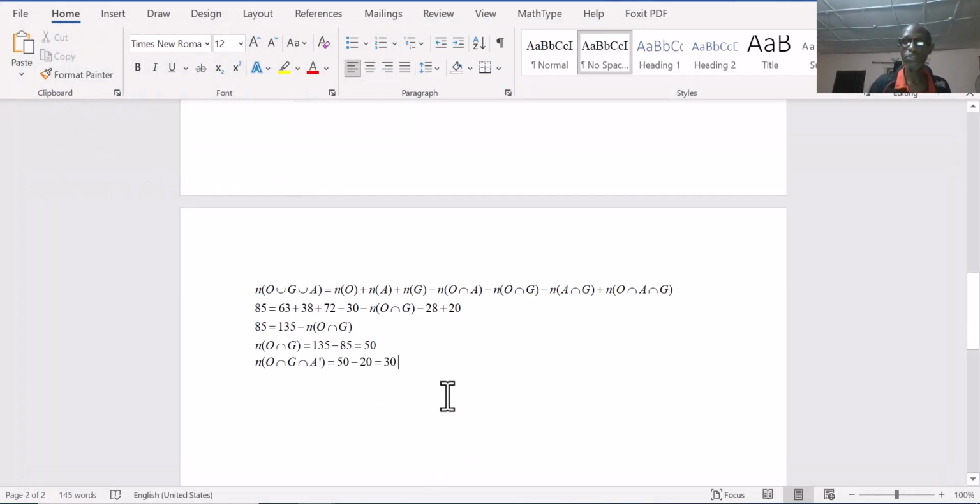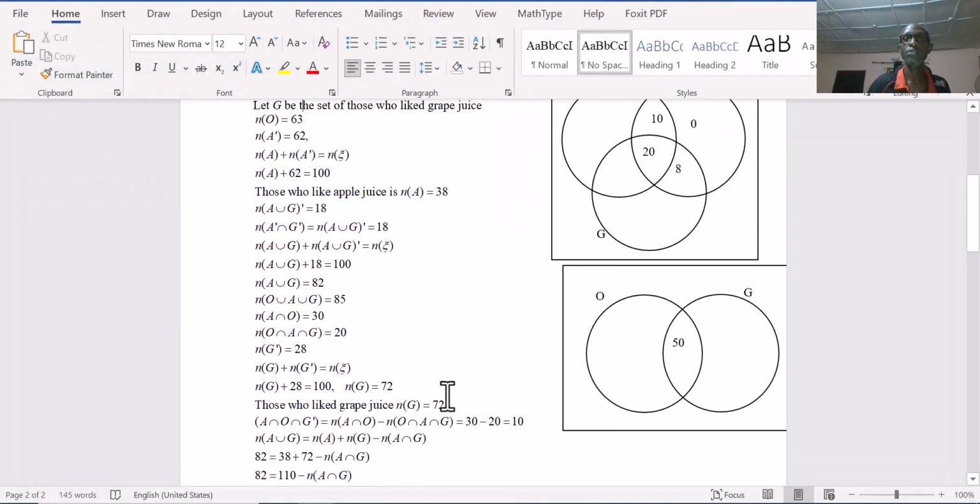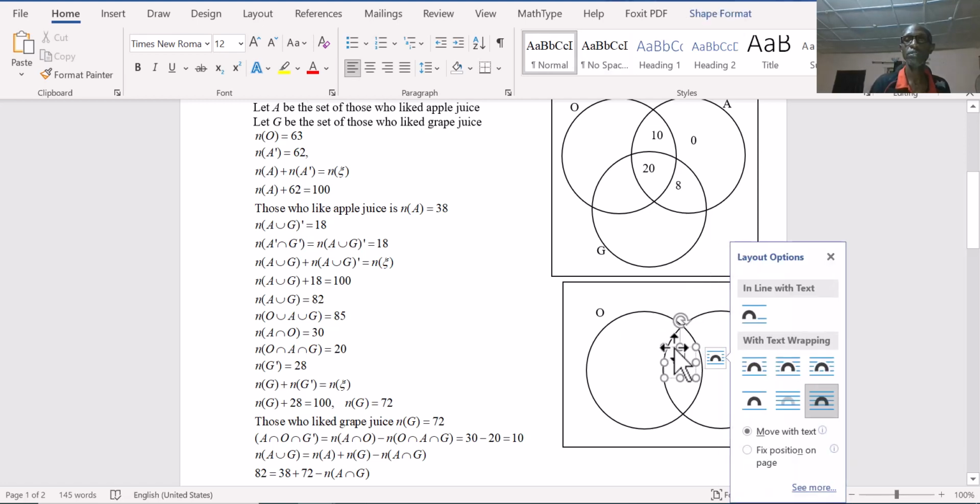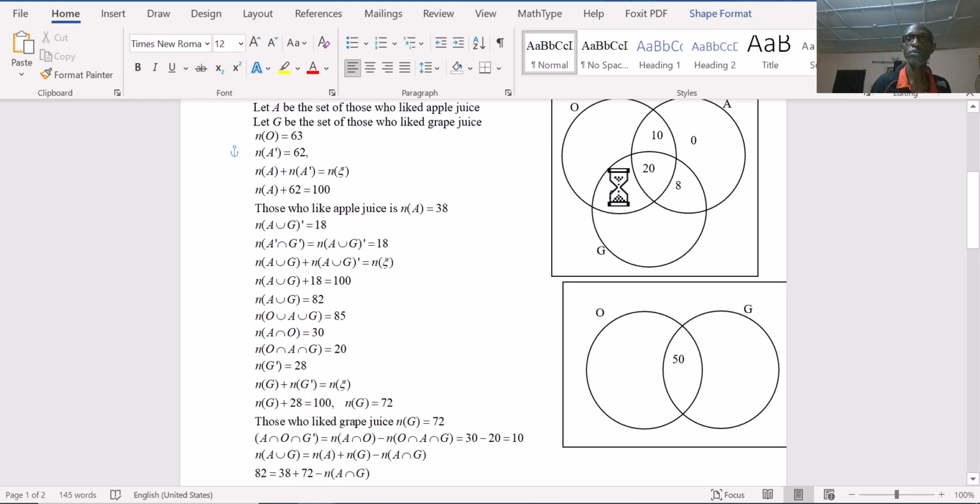So that is 30. Let me drag this so that you see what is happening. So change this to 30. So if you add 20 plus 30, that will give you 50.